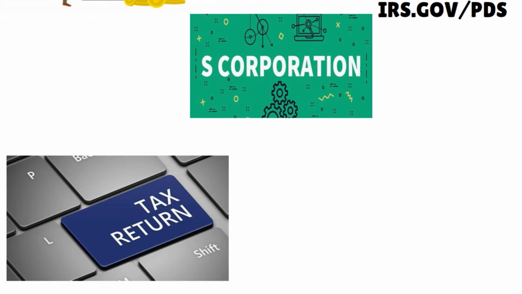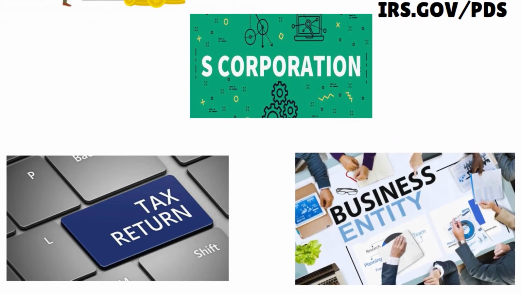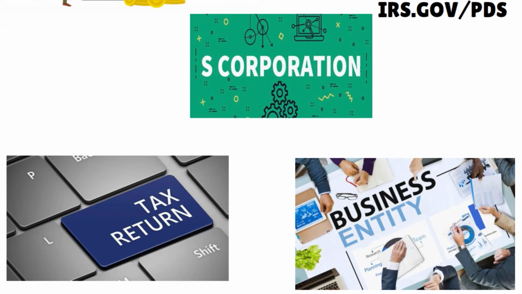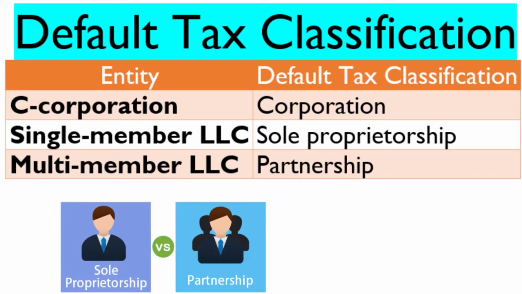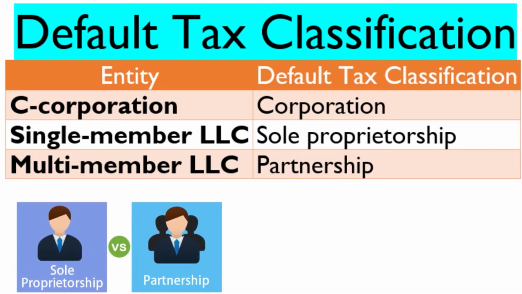One thing I need to really talk about here is that when you form a new business entity, the IRS will tax you based on the default tax classification for that type of business. You can see on the screen the default tax classification for each type of entity: C corp, single member LLC, multi-member LLC. By default, sole proprietorships and general partnerships are regarded as pass-through entities for tax purposes.